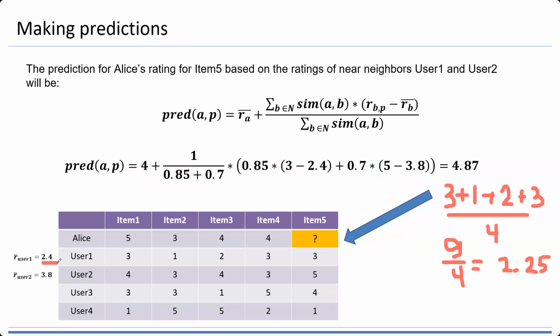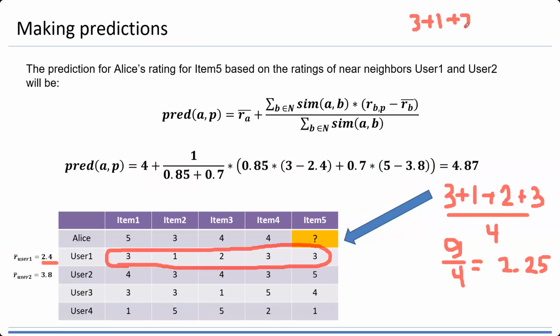So I just realized that this original version uses all the values. So the book may use all the values. It means it will be 3 plus 1 plus 2 plus 3 plus 3 divided by 5.